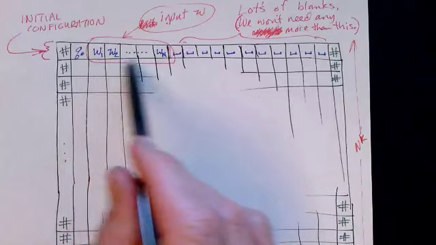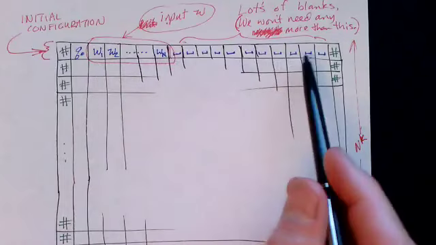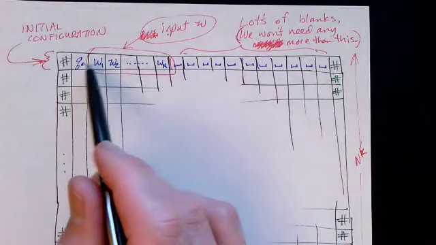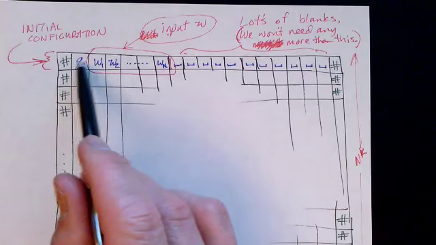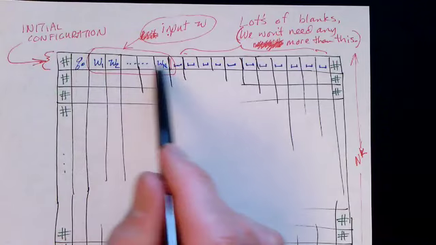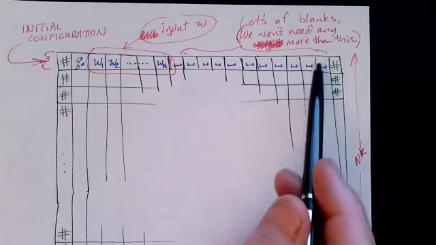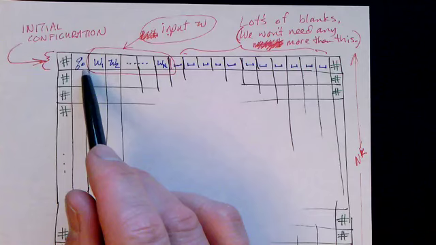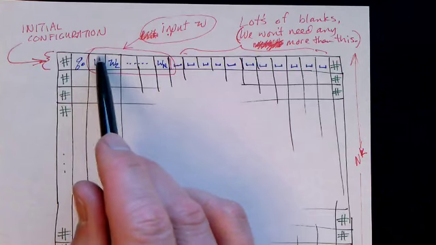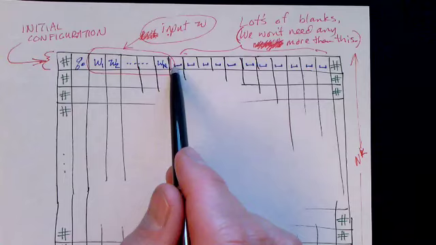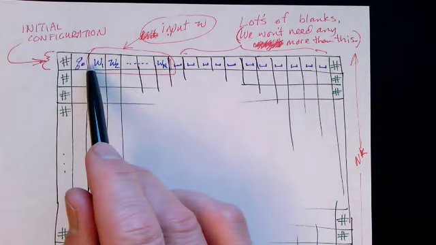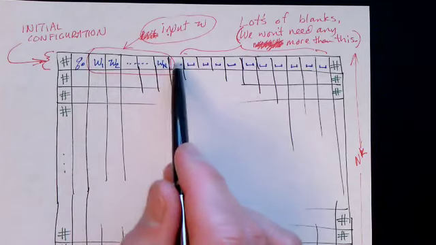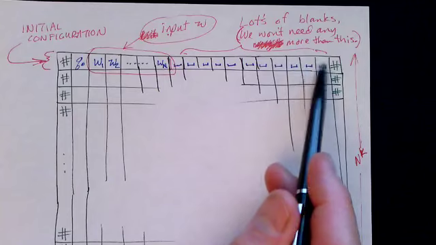Each row in the table corresponds to a configuration of the tape. And so we can see the first row shows the initial configuration in a computation history. We're starting in Q0, the initial state of the Turing machine, and initially the first n cells of the tape contain the input W. Then the remaining cells of the tape are blank.